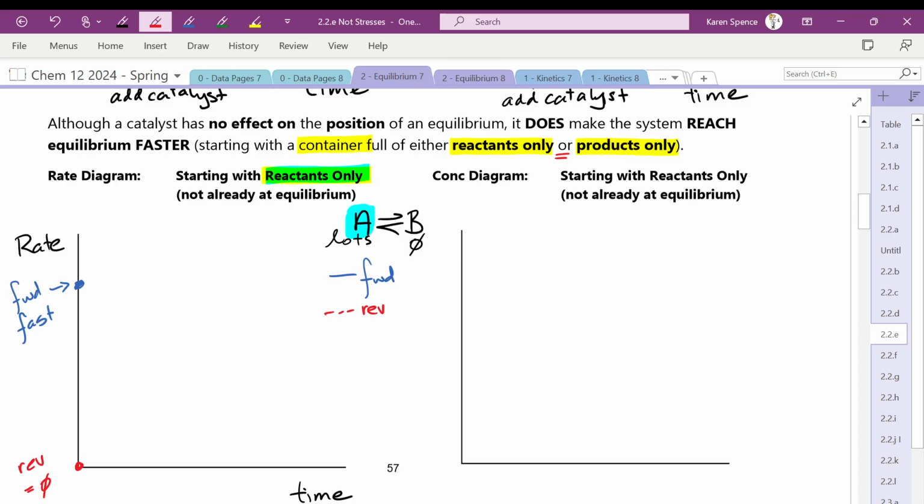Tell your partner, what shape do those curves make now? Do we like what I've drawn? No. Okay.